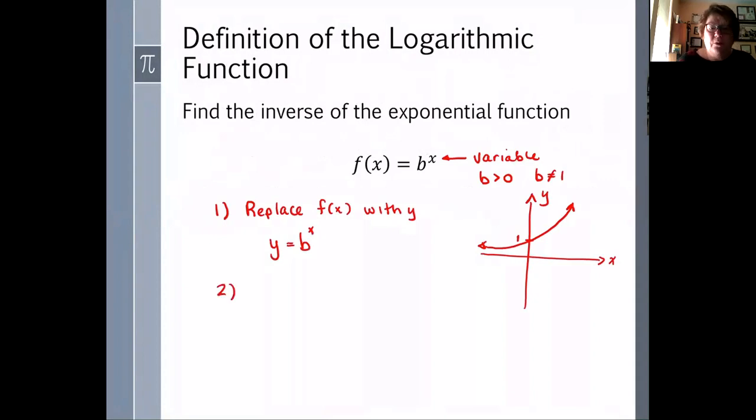And the second thing we do to find the inverse of a function is we interchange x and y, because that's what the inverse does. If I have a function whose domain is whatever it is, that becomes the range of the inverse. The function's range becomes the domain of the inverse. So to find the inverse, we interchange the domain and range. We interchange x and y.